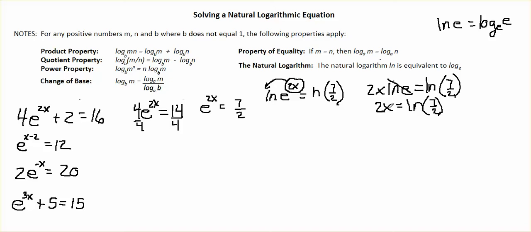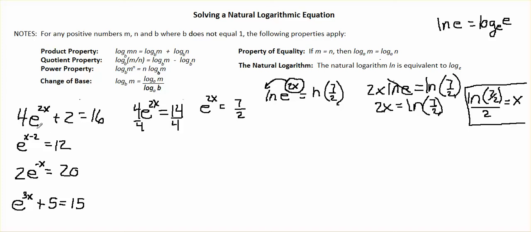And when we divide by 2, that's the same as multiplying by a half. So we have ln of 7/2 divided by 2, or you can multiply by a half, and that equals x. So there's our answer here. This is going to be a positive number.